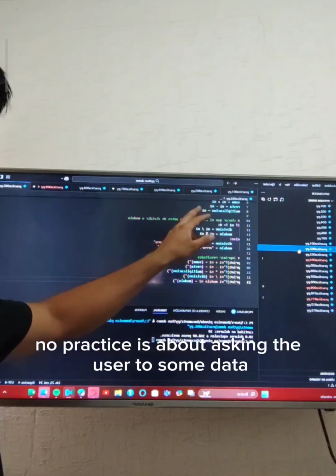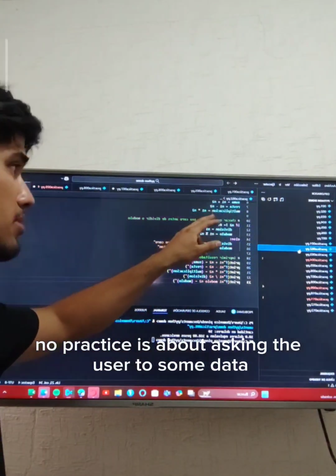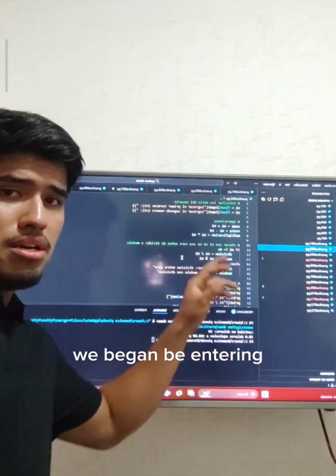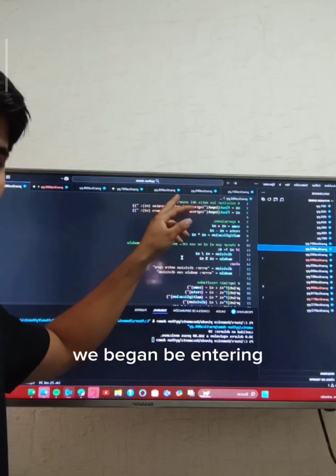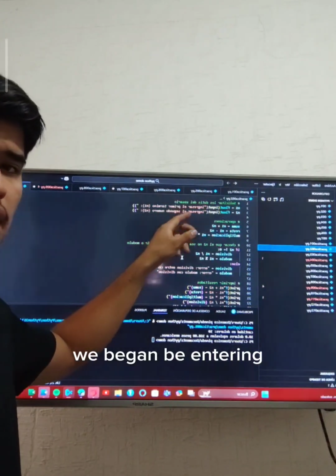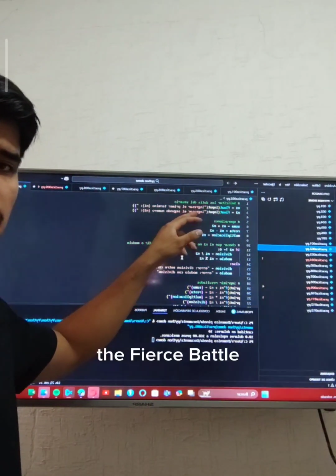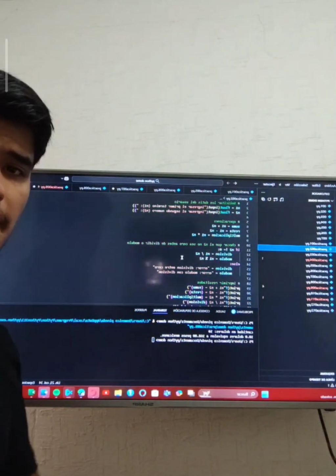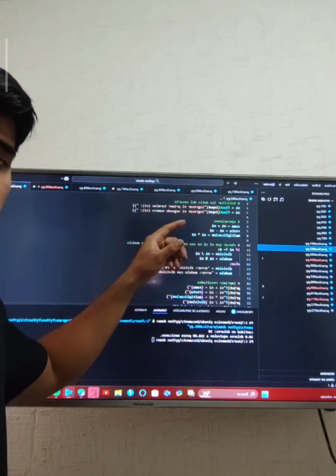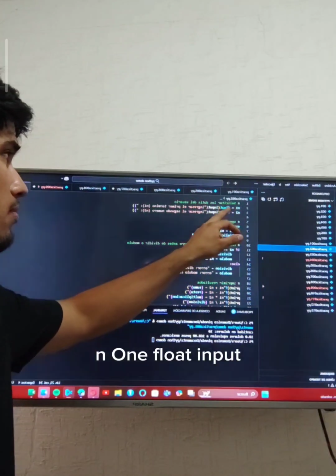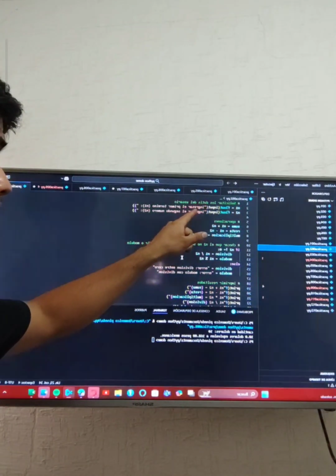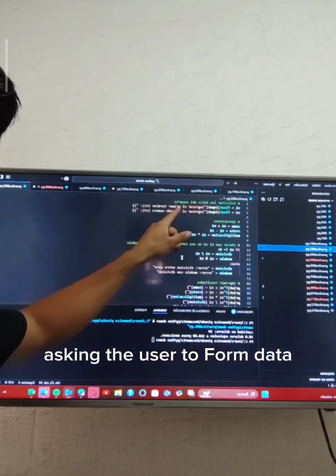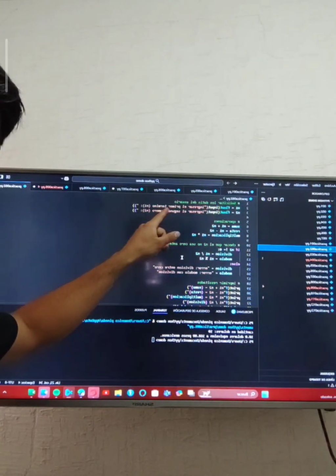This practice is about asking the user to enter some data. We begin by entering the first value, which is N1, a float input asking the user for data.